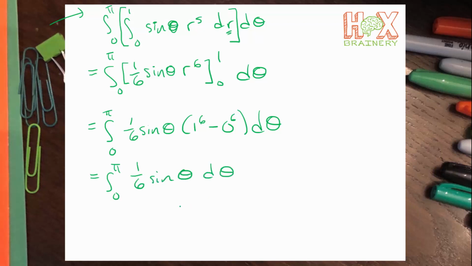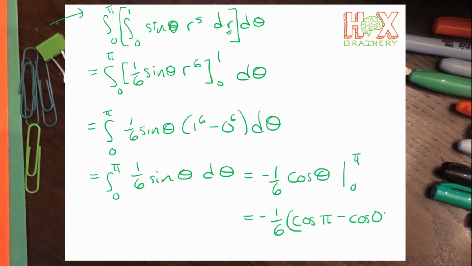Now I just have 1/6 sine theta, and I'm integrating with respect to theta. It's just like a Calc 1 thing. The antiderivative of sine is negative cosine, and we'll go from 0 to pi. So you get negative 1/6 times (cosine pi minus cosine 0).